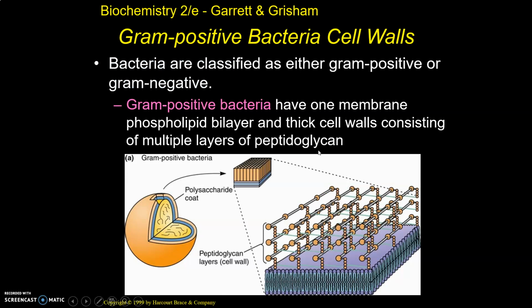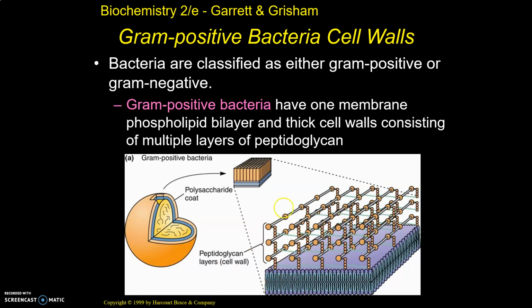So let's look at the difference between gram-positive and gram-negative bacterial cell walls. If something is gram-positive, then it only has one phospholipid bilayer membrane. So here's our phospholipid bilayer, and on top of that, directly interacting with the outside world, is our peptidoglycan cell wall.